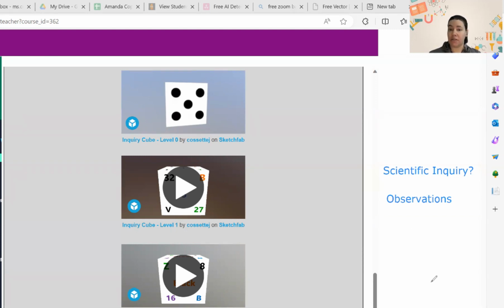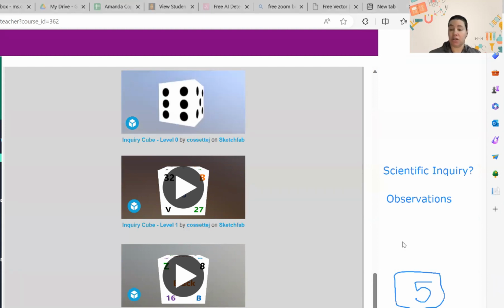I notice on this side, I'm just going to put a 5. You could draw the dots if you wanted. So that's what I'm seeing on this side. Now I'm going to turn it to the left, and the left is 6.